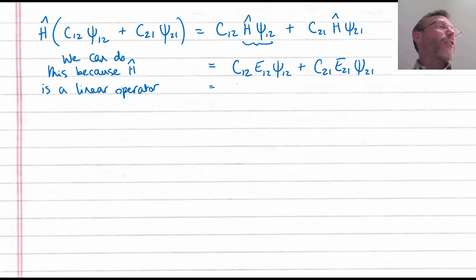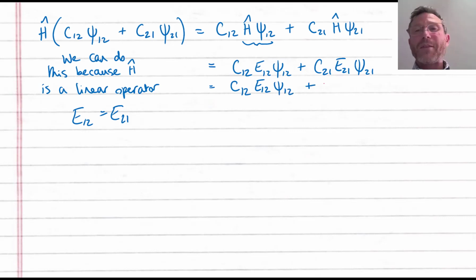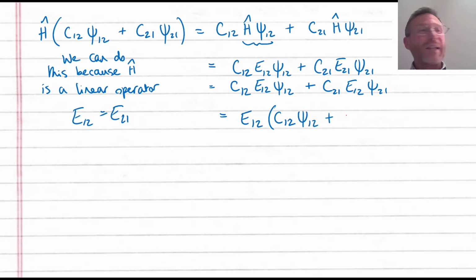Because E12 is equal to E21, let's put in here C12 E12 psi 12, but over here we're going to put C21 E12 psi 21. Lastly, let's bring the E12 outside the brackets, and inside the brackets C12 psi 12 plus C21 psi 21.